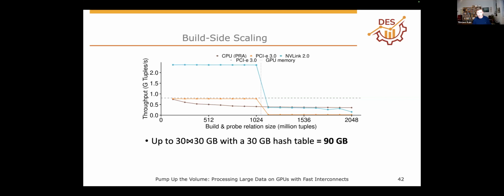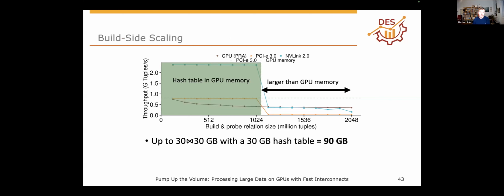And when everything fits into the GPU memory, so the hash table itself fits into the GPU memory, we get the same throughput that we saw earlier, very nice and flat. And the same also for the PCI Express. But as soon as we're getting larger than GPU memory, then all of a sudden we're completely bound by the individual latency of the NVLink or the PCI Express, right?